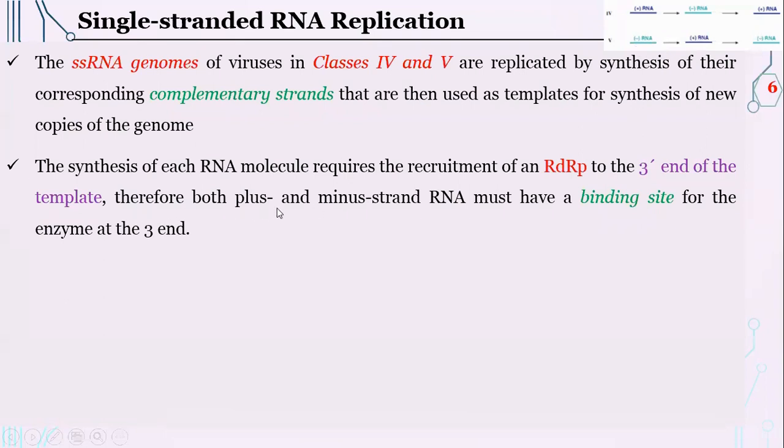And therefore, both plus and minus strand RNA must have a binding site for the enzyme at the 3' end. So on this strand there should be a binding site for the RNA-dependent RNA polymerase, and on this strand there should be a site for the enzyme.